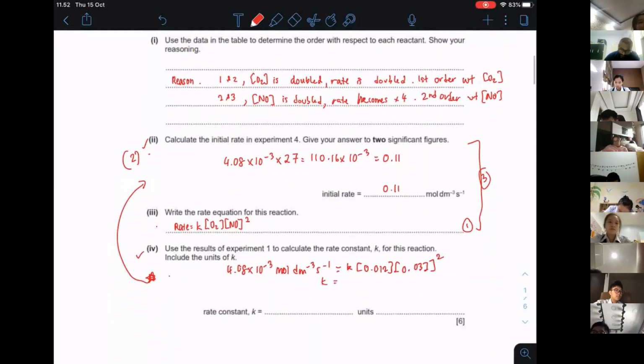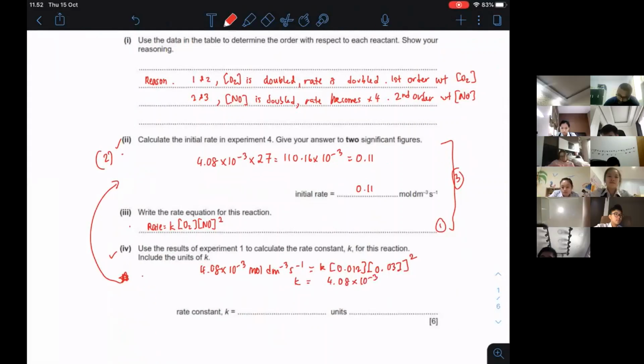So K equals 4.08 times 10 negative 3 mol dm negative 3 per second divided by mol to the power 2 dm negative 6, mol to the power of 3.